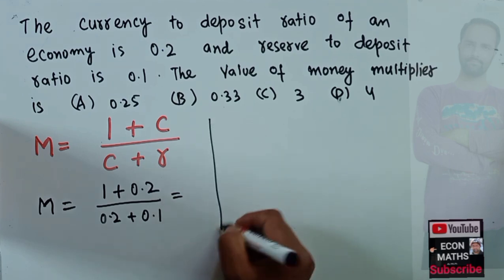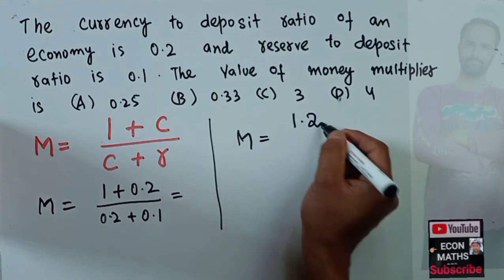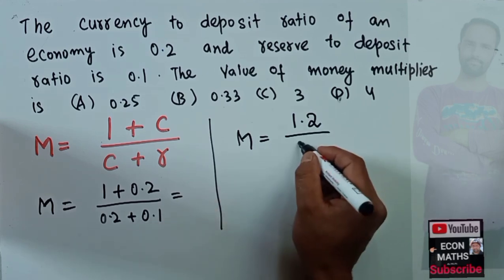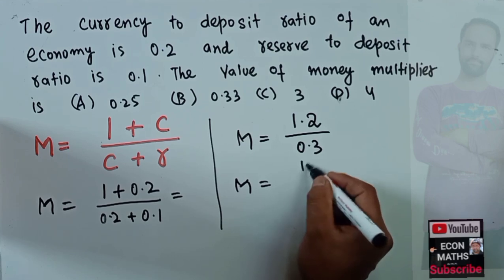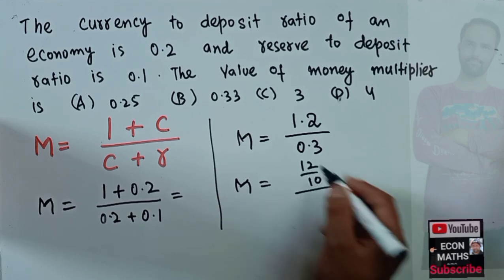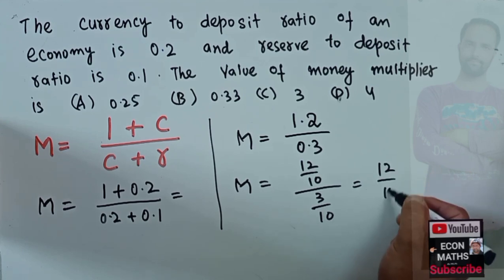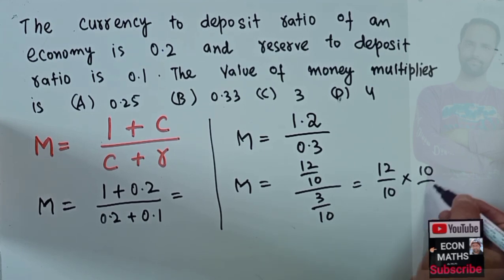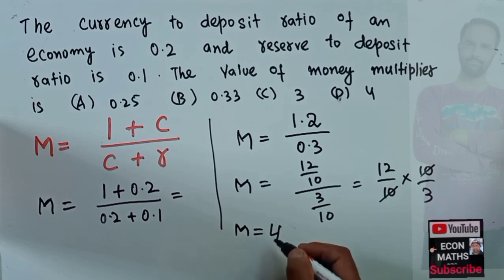So we have money multiplier equal to 1.2 divided by 0.3, which can be written as 12 upon 10 into 10 upon 3. 10 gets cancelled, 3 fours are 12. That means the money multiplier in this case will be equal to 4.